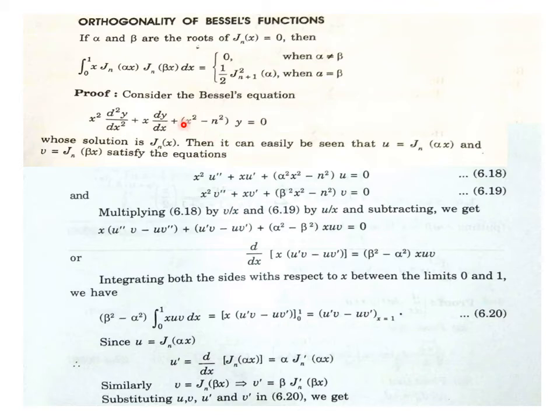If you compare it with Bessel's equation, you will find in place of x everywhere we are finding αx. Here in place of x² it's (αx)², in place of x it has become αx after substituting the value of u dash, and in place of x² it has become (αx)² after substituting the value of u double dash.